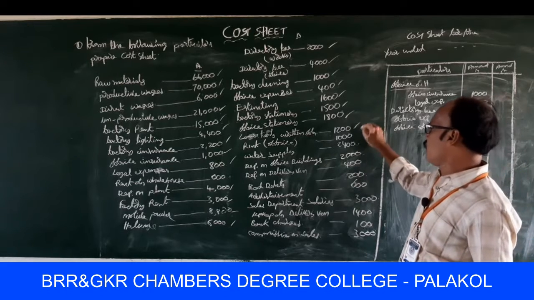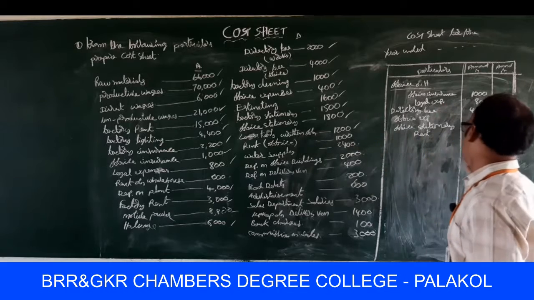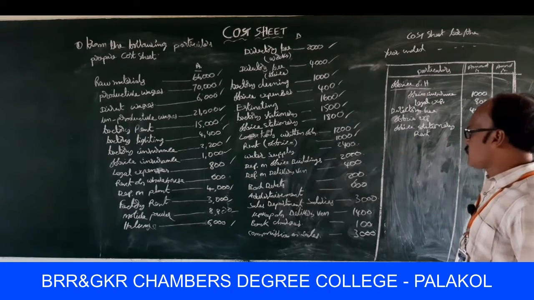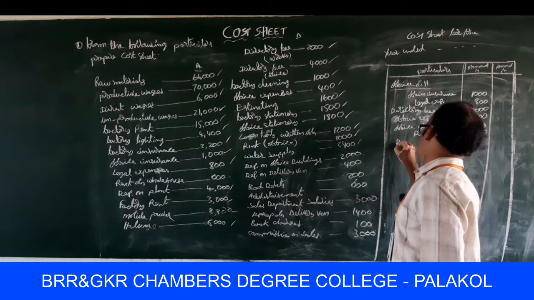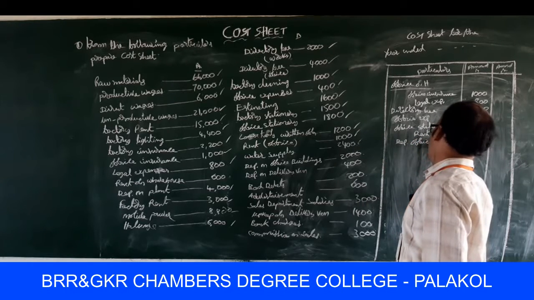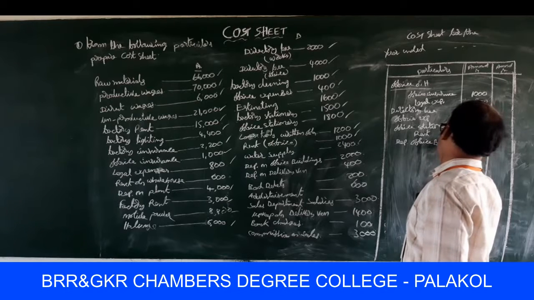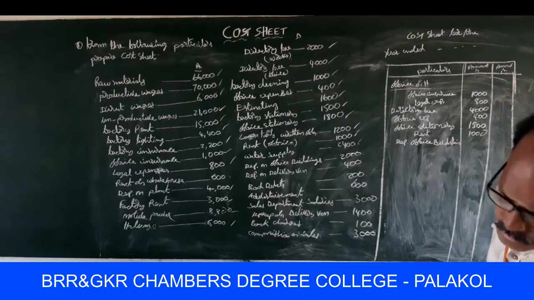Loose tools written off over. Rent for office, 1,000. Water supply over. Depreciation on office buildings, 2,000.